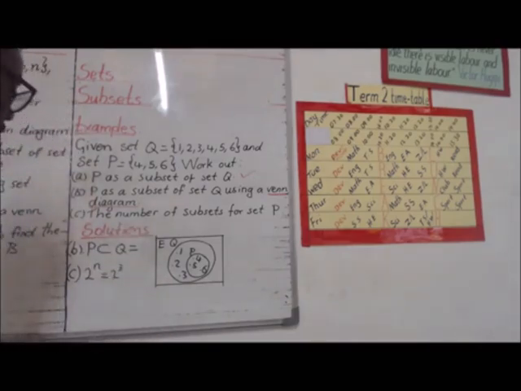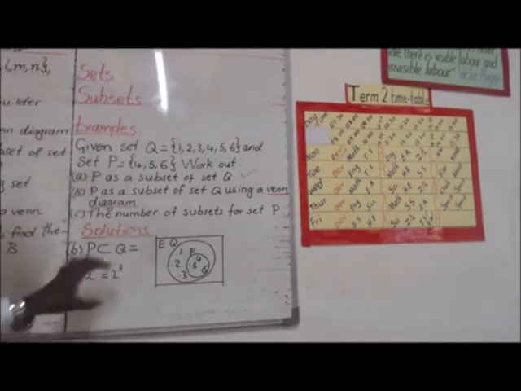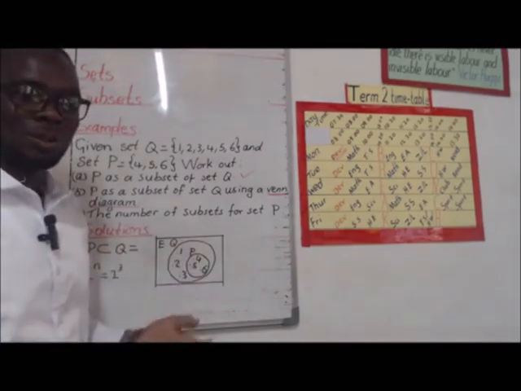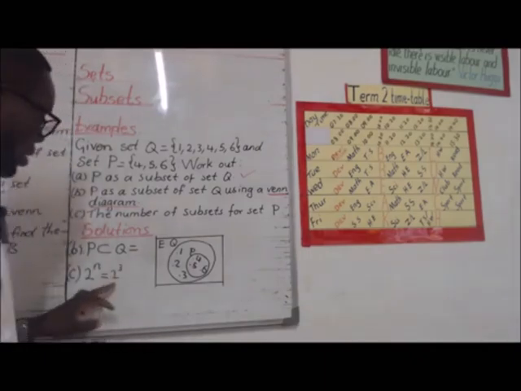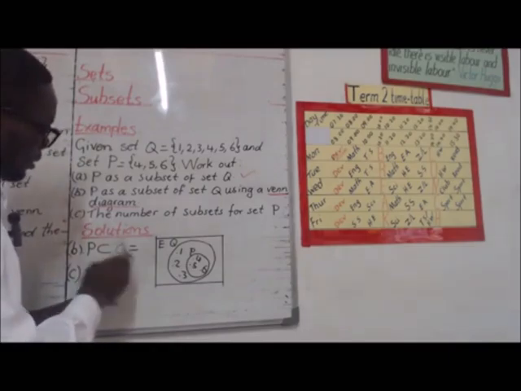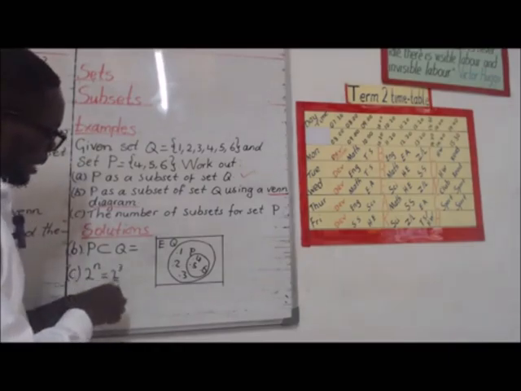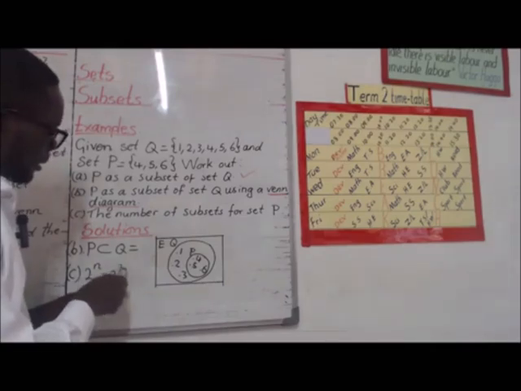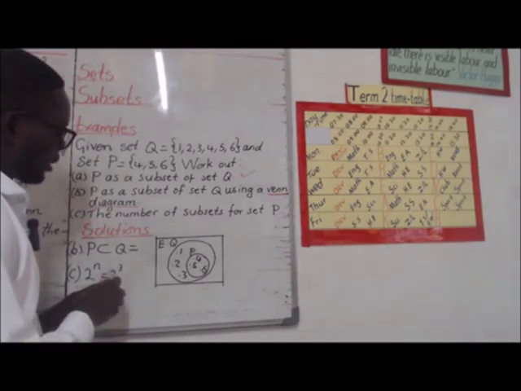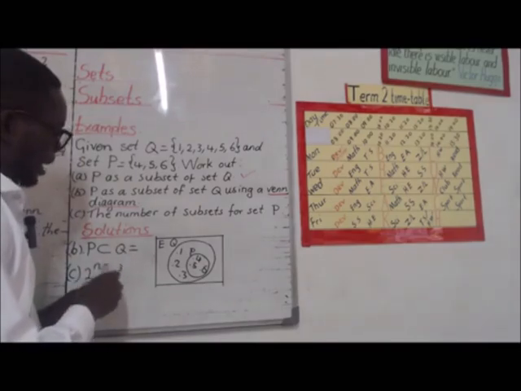Now, we are not done, because we learned under indices that if you have a number and a power, you are supposed to multiply this number by itself the number of times shown by the power.